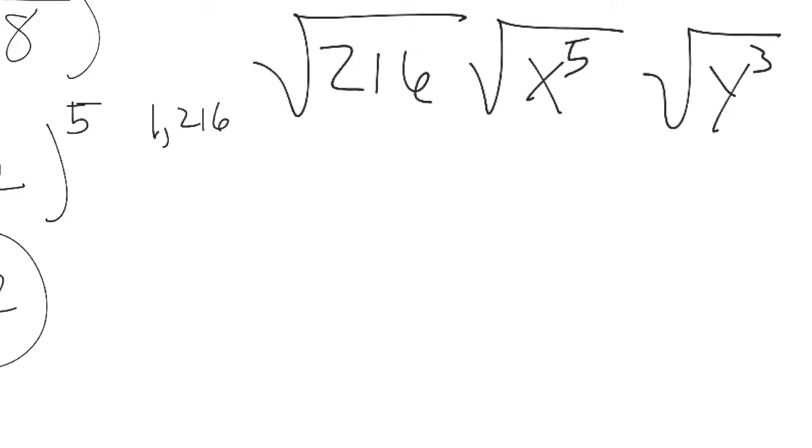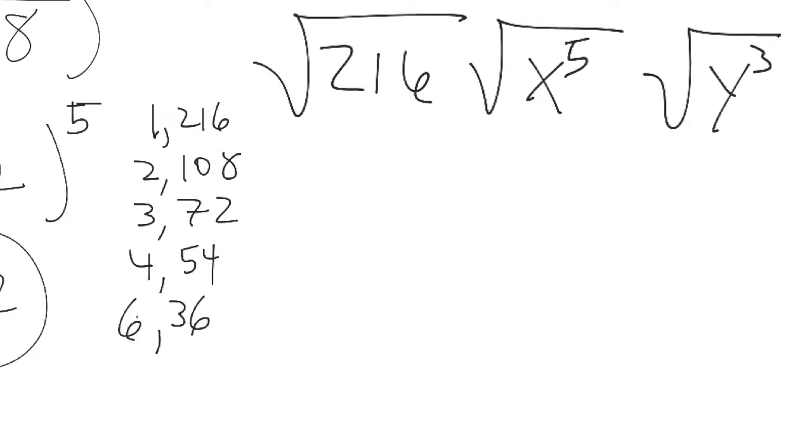The factor pairs of 216 are 1 and 216, 2 and 108, 3 and 72, 4 and 54, and 6 and 36.